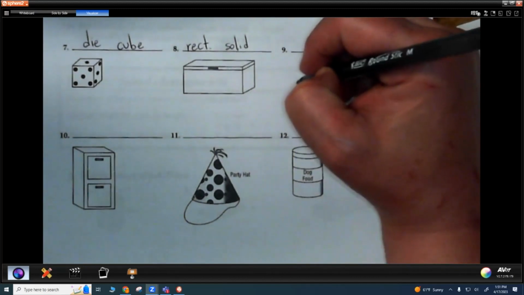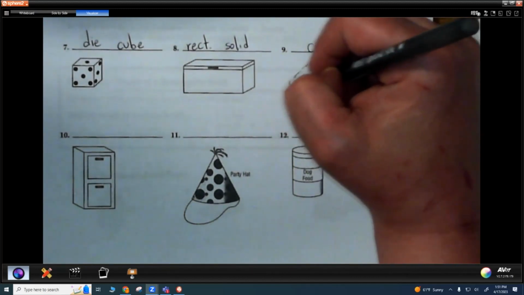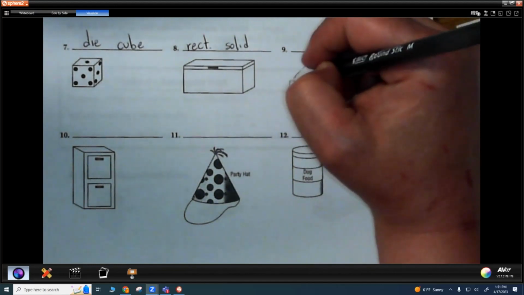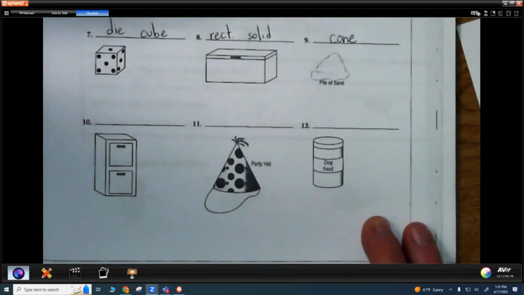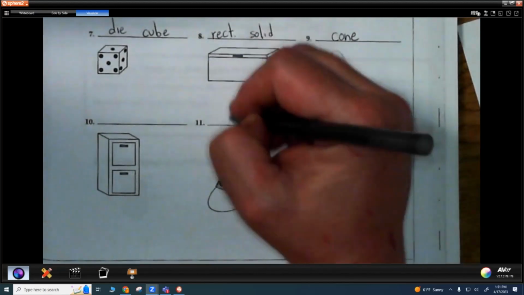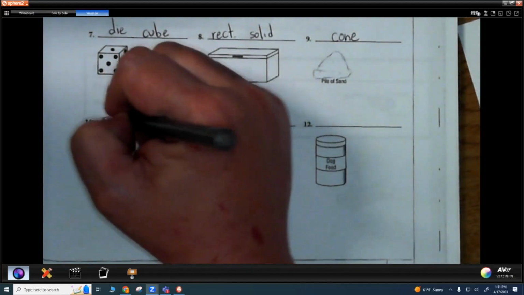You can kind of see it. Party hat is also a cone. File drawer.